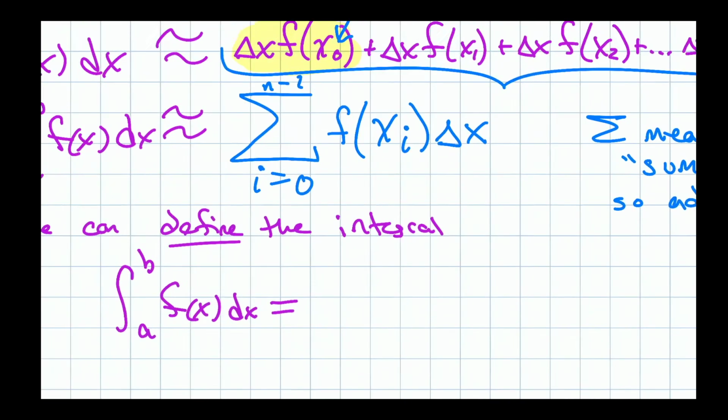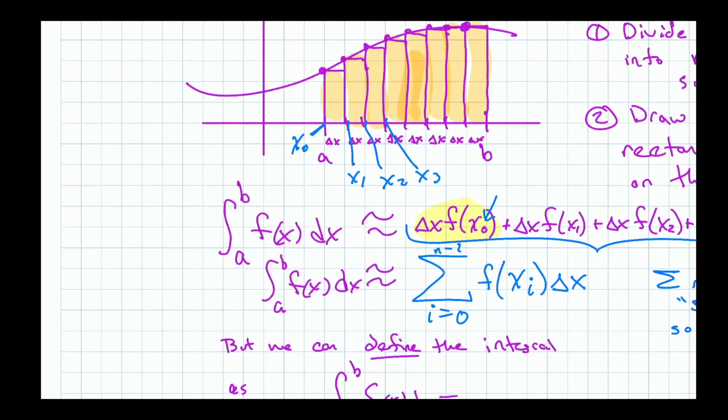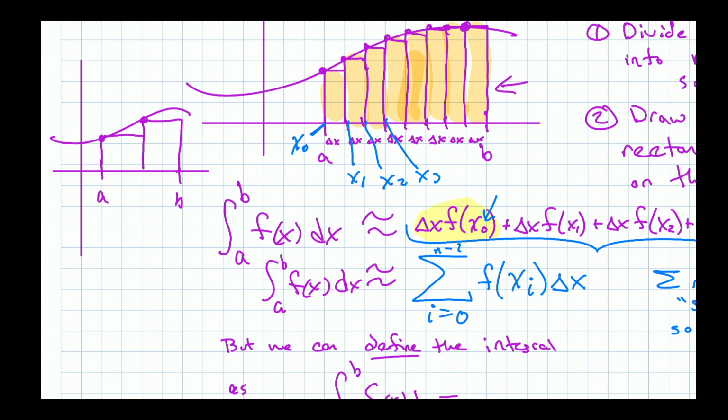If you wanted to make the approximation better, then you would use more rectangles, right? I didn't draw very many rectangles. Well, I drew a lot of rectangles actually there. But if I only used 2 rectangles like this, that's not a very good job approximating the area. It's better to use a lot of rectangles like I did here than just a couple like I did here. So if you wanted to make the approximation better, you use more rectangles.